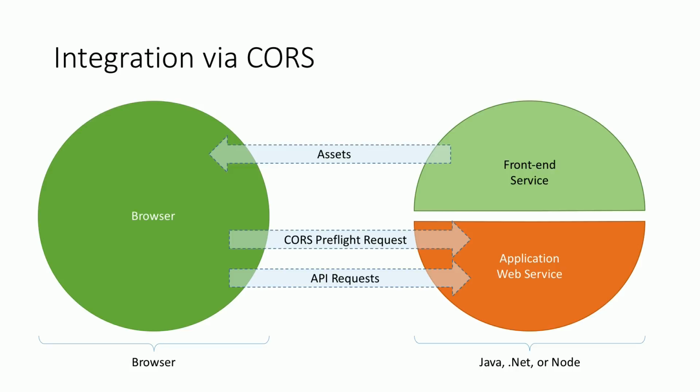It just makes an options request to get those headers, and if it sees those headers, the browser will let the request go through. But if it doesn't see those headers, the browser is going to reject it, because it's going to say, you're making a request from one origin to another origin, and I can't allow that because this other origin says I can't.